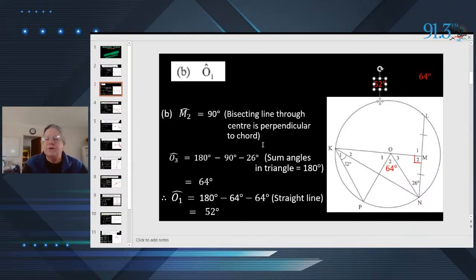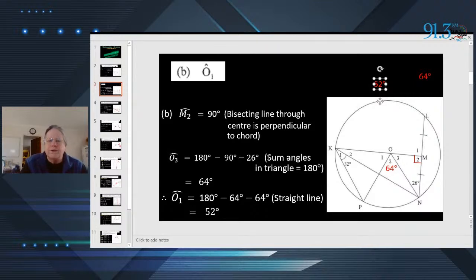So the next thing you do, if you see a triangle and you have two angles, because now we have M2, which is 90, and the other one that's 26, we always try to fill it up so we can calculate O3. We will complete the sum of the angles in this triangle OMN, and we will say 180 minus 90 minus the 26.